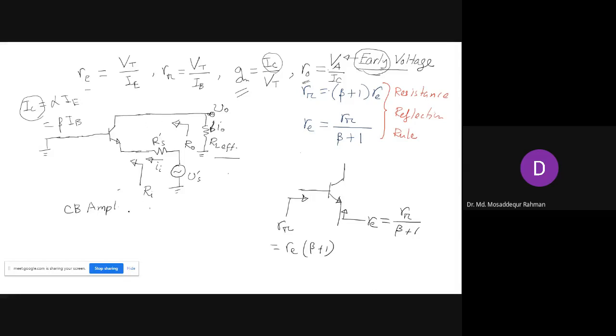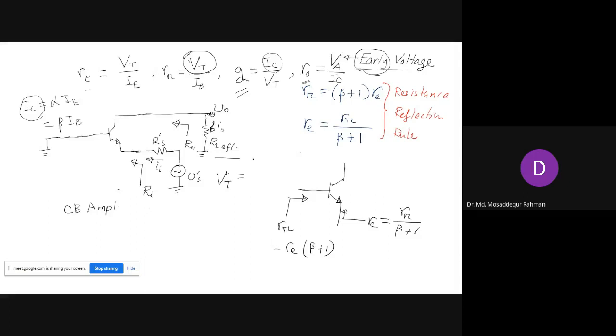Sir, I missed the part about the voltage VT. Is it the thermal voltage, like 25 millivolts? Yes, this is the thermal voltage.